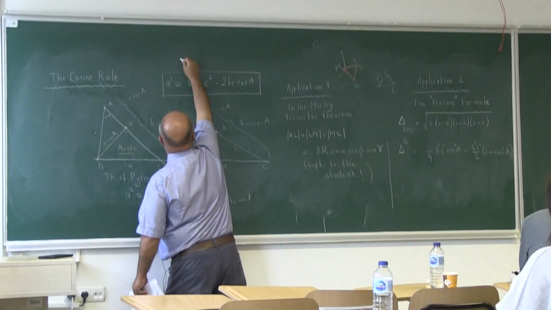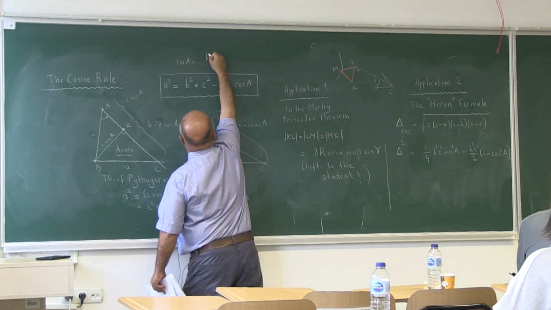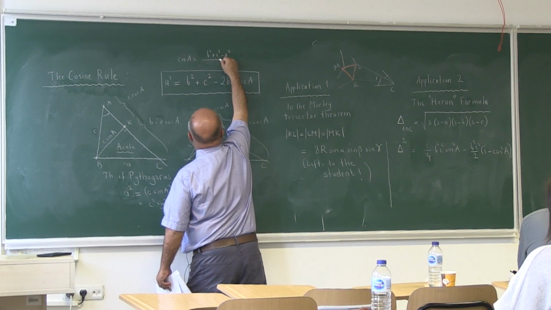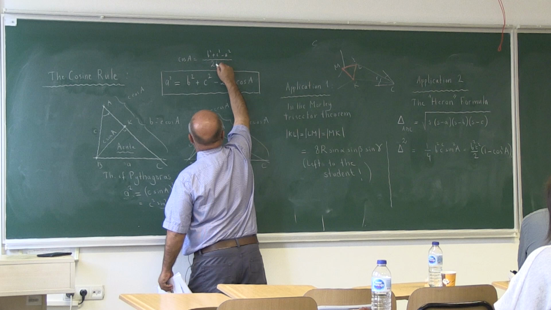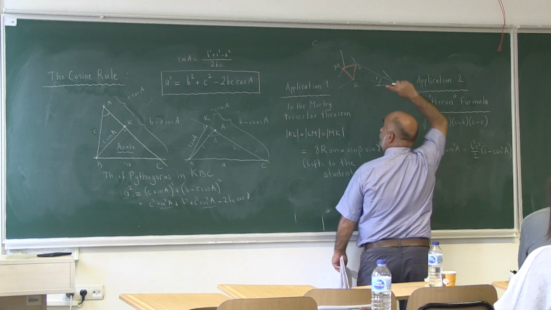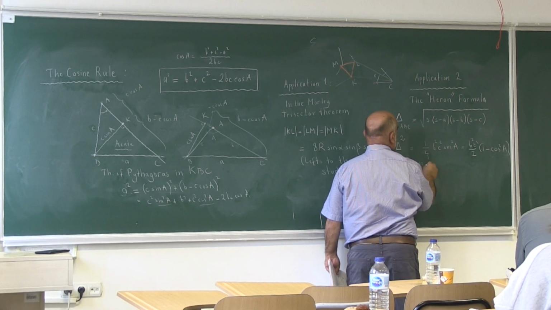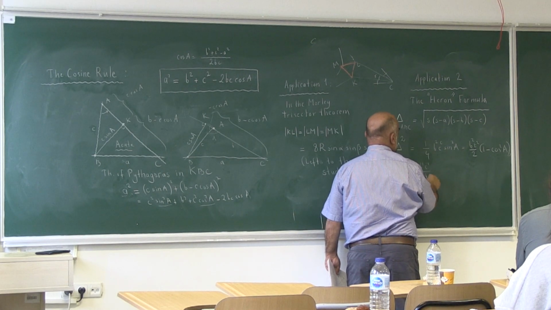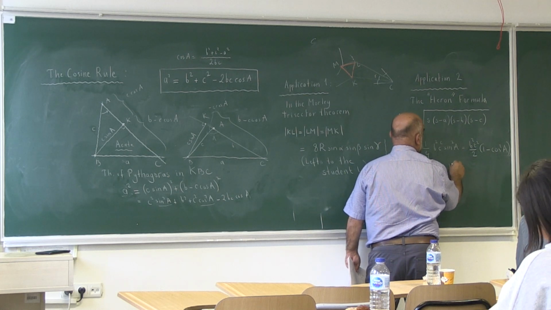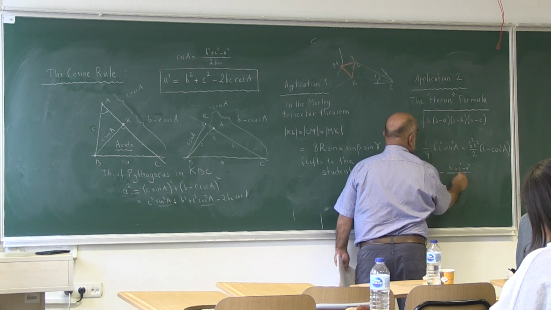So from this I can write cosine A equals B squared plus C squared minus A squared divided by 2 times BC. Instead of cosine A, I substitute that value. So I obtain B squared C squared by 4 times 1 minus B squared plus C squared minus A squared divided by 2BC.